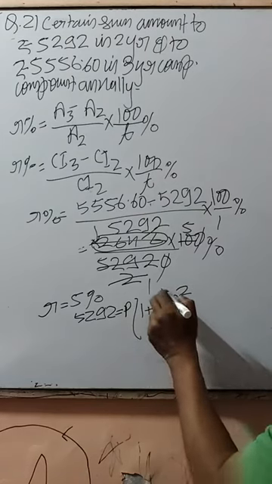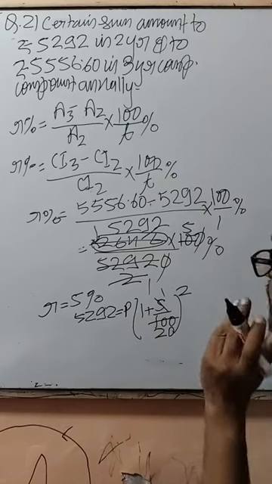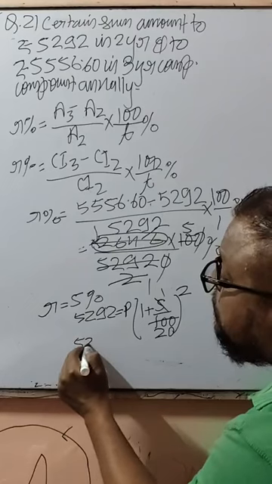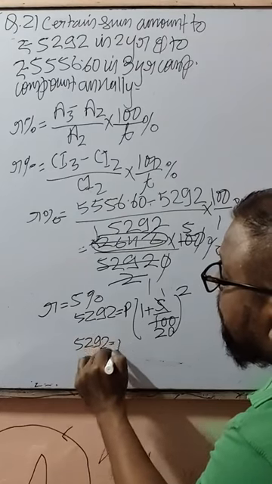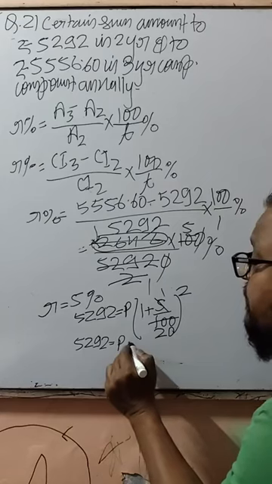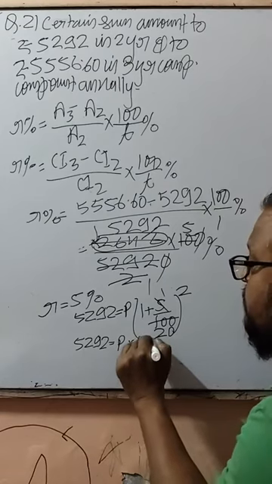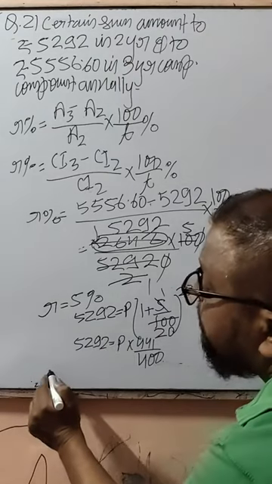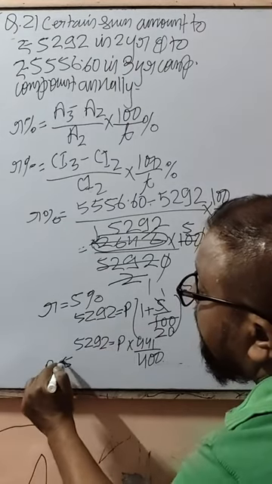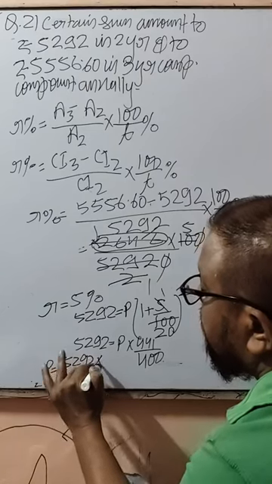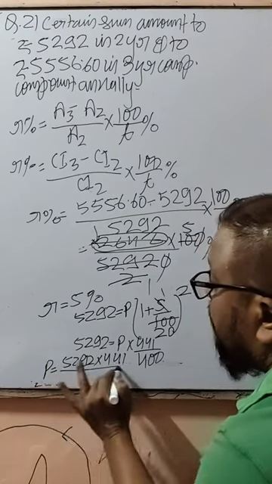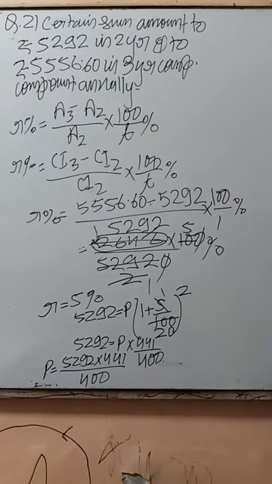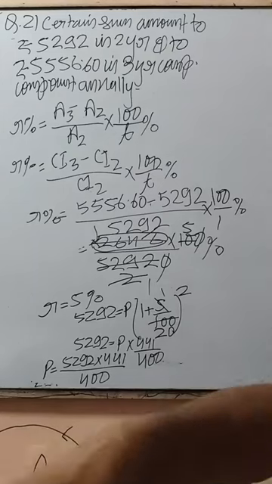This is 5 upon 100, that is 1 upon 20, so 5292 is equal to P into 441 upon 400, right? So principal is equal to 5292 into 400 upon 441. You get this? Can you do the calculation?